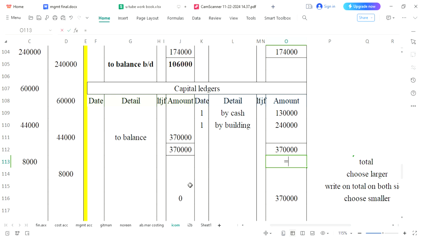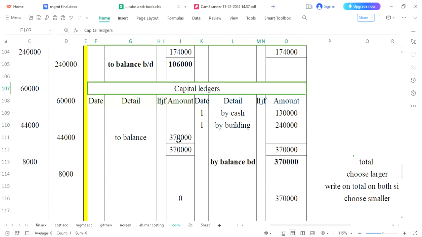This amount of balance would be written over here and you will write by balance. And of course BD means brought down. You will write over here. This is your answer and we are going to highlight it. In this way, our second ledger, ledger of capital, has been completed.